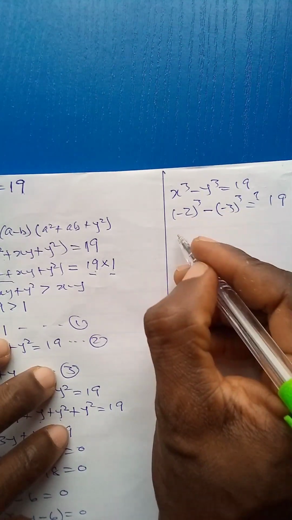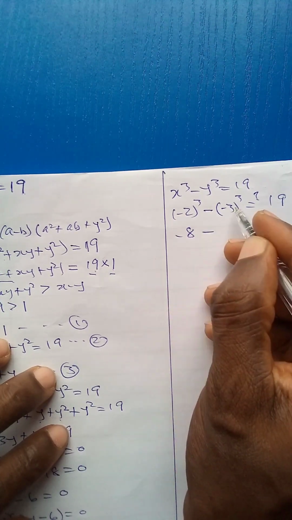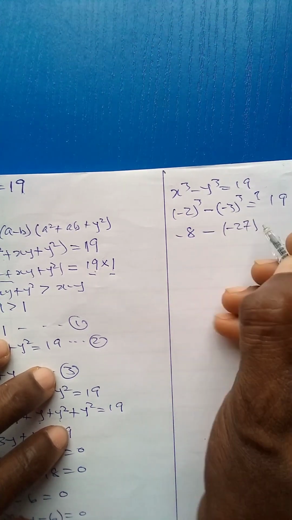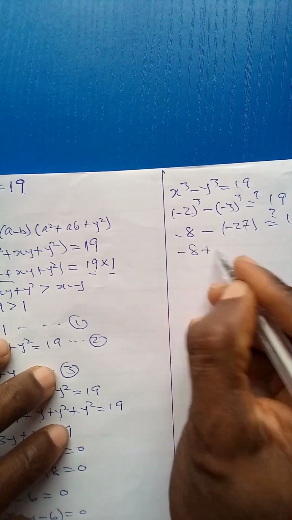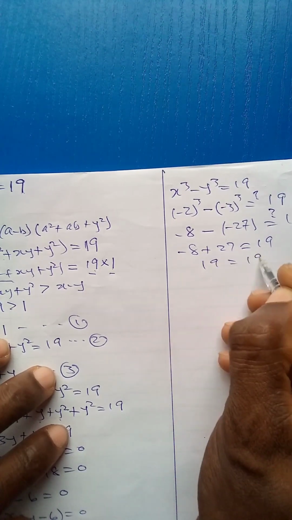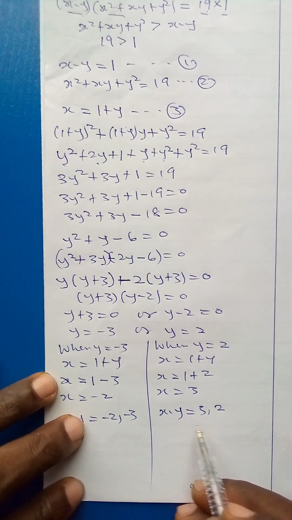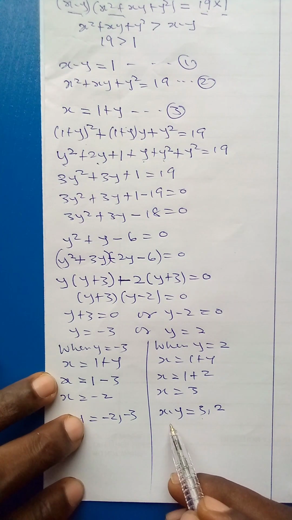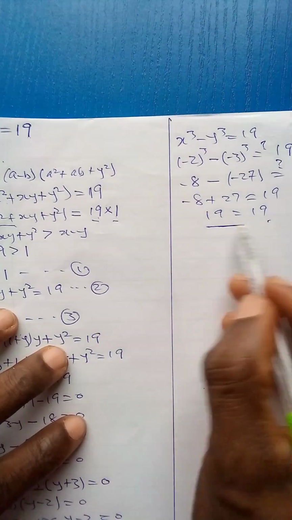Minus 2 cubed is minus 8. Minus 3 cubed is minus 27. Is it equal to 19? Minus 8 plus 27 will give us 19. Yes, our equation is balanced. If we also do the same thing for 3 comma 2 for x comma y, we are going to get a balanced equation.